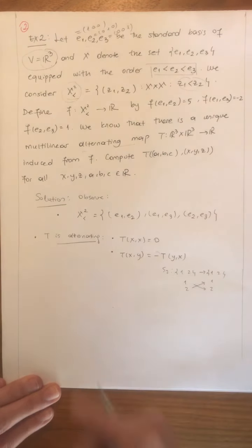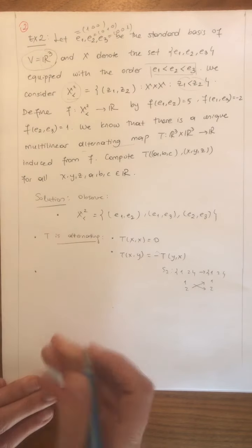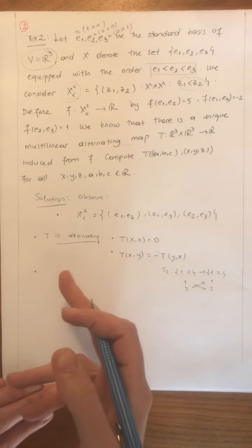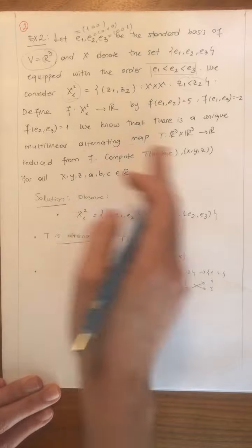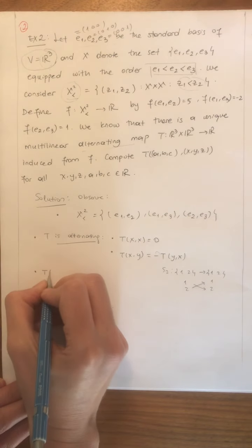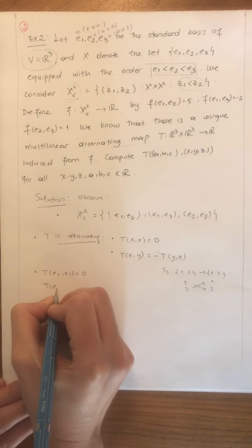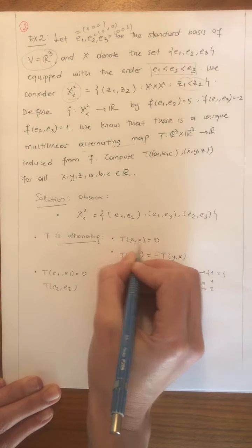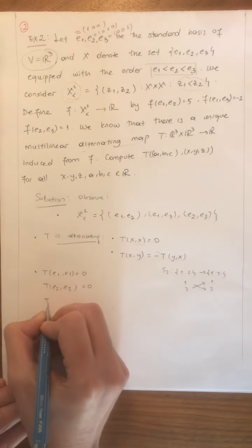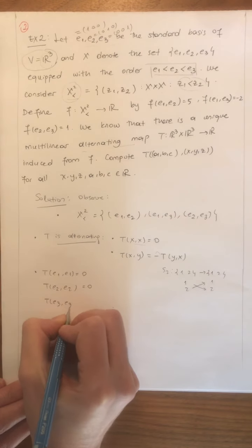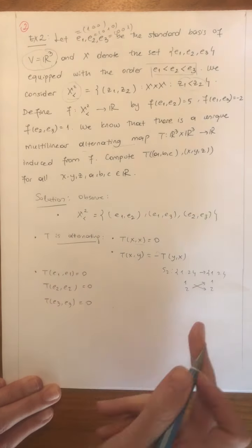And first we want to define the images of the basis under T by giving this information. So since T is alternating, by this information we know that T(Ei, Ei) is equal to 0.